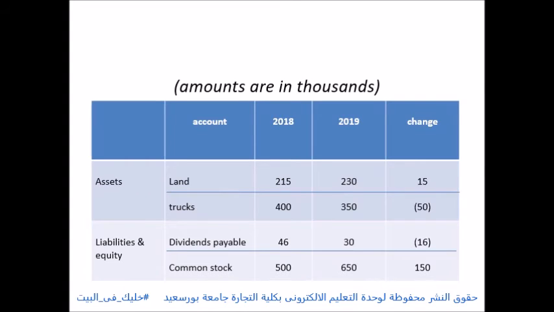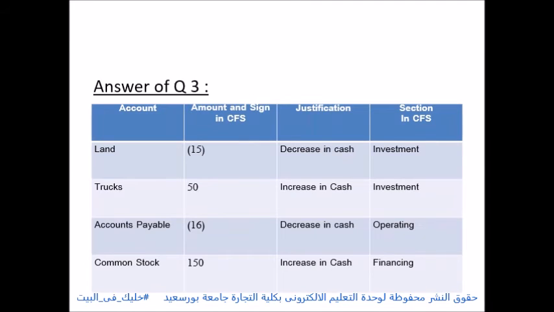For changes in assets and liabilities and equity, there is a preliminary step that should be done before going to the cash flow statement. This table has 3 columns. The first one, amount unsigned, justification, section in cash flow statement.